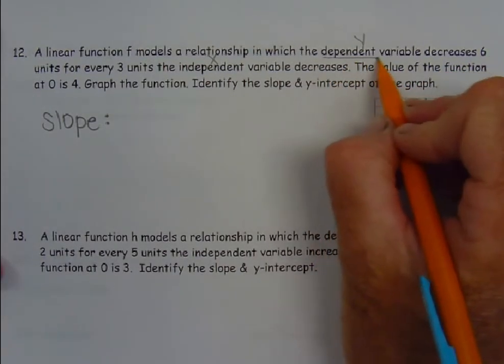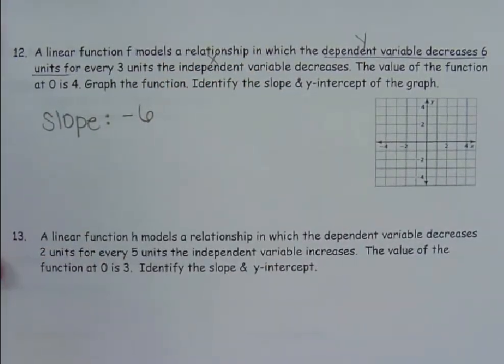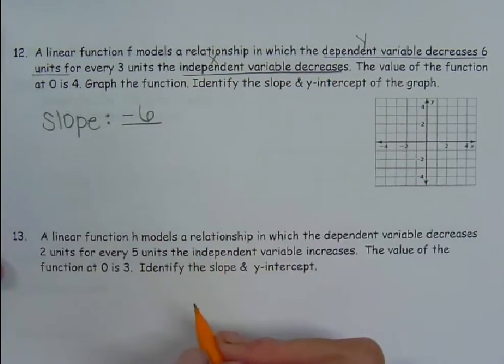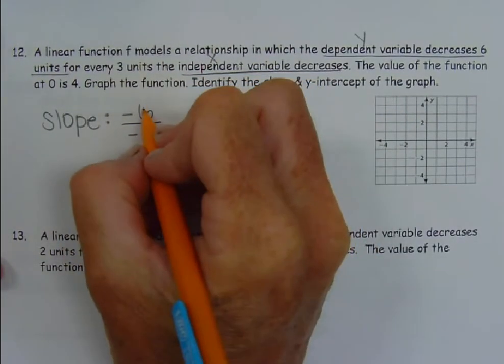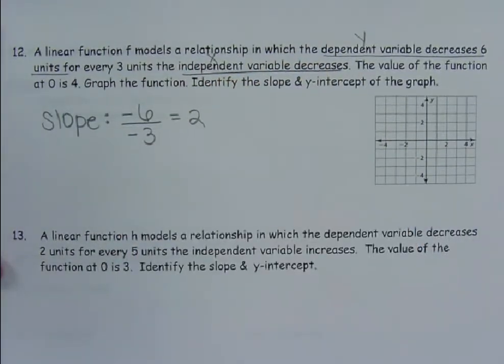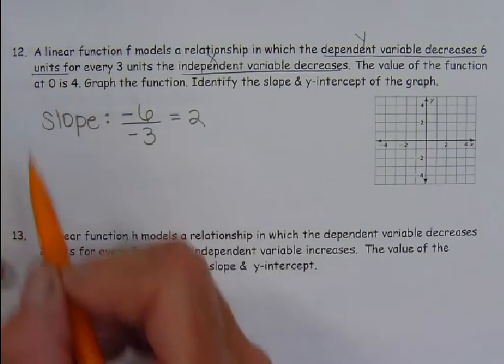So your dependent, or y's, decrease by 6. So they go down 6, or negative 6, for every 3 units the independent, or x, decreases. So your change in y's over your change in x's gives you a slope of 2. Now it says the value of the function at 0 is 4.